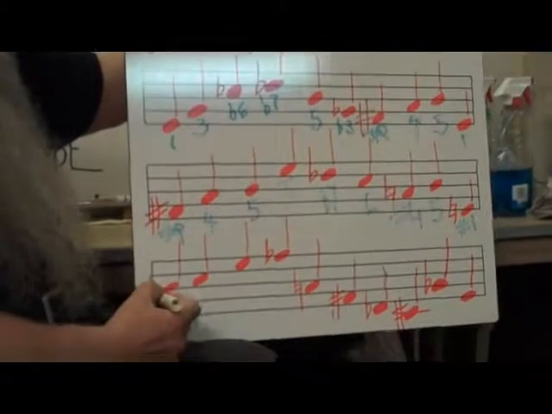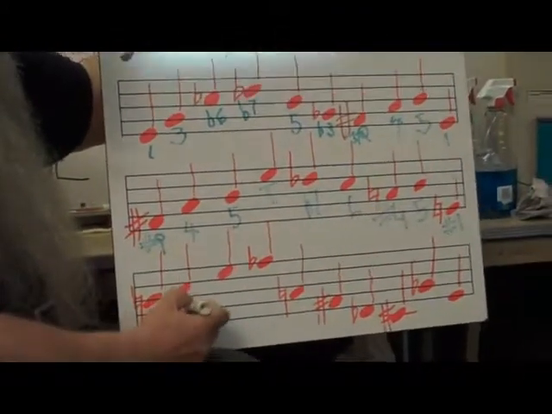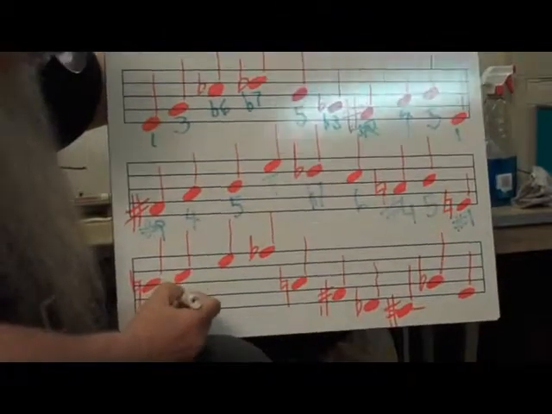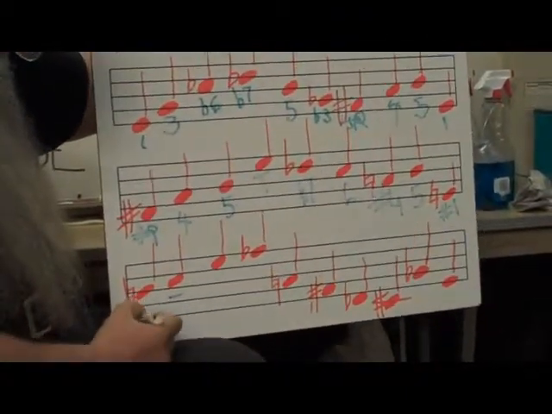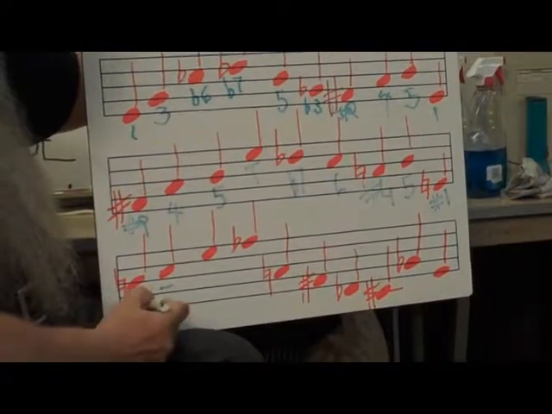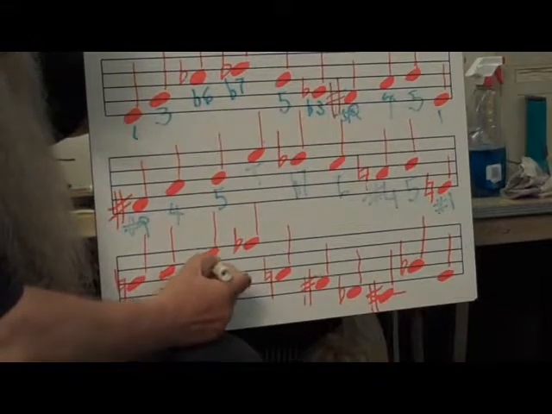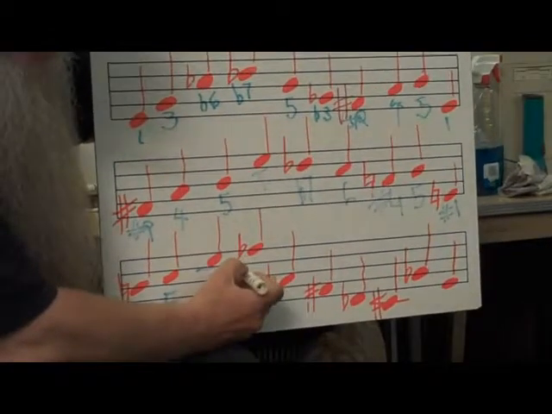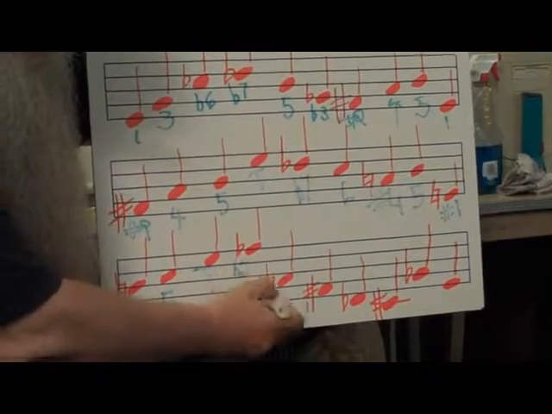Now let's go on. So here we have a sharp 4. Here's a 5. I'm sorry, I'm looking at this wrong. This is a sharp 5. This is a 6. This is a high 1. This is a flat 2. 1, 2.